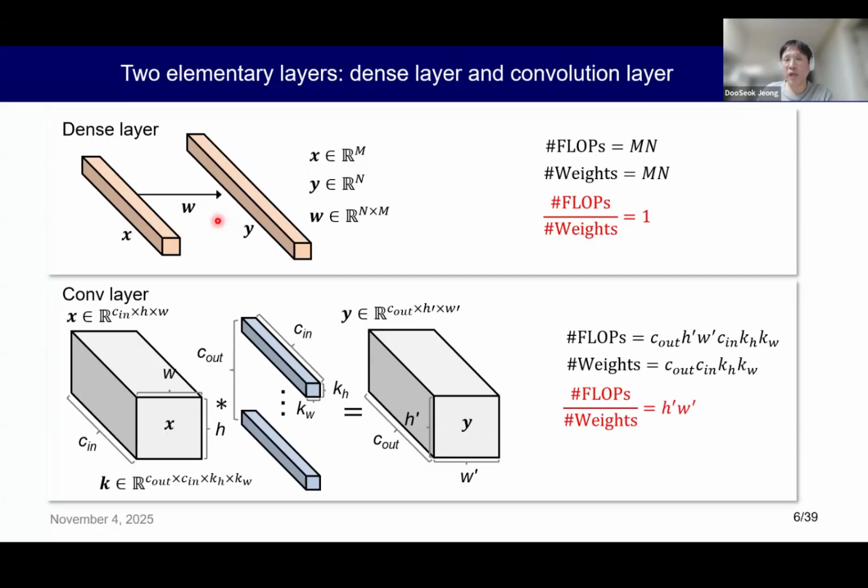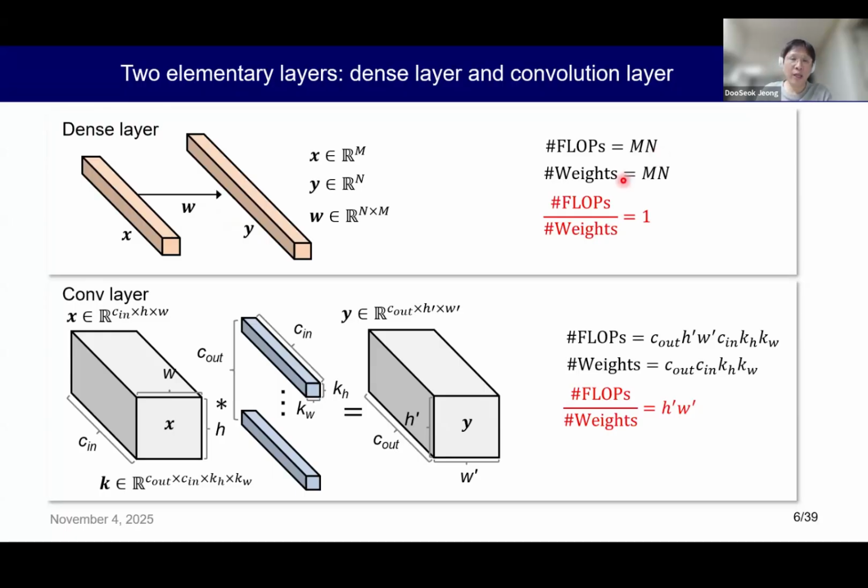So you can define the weight matrix, which is N by M, right? And for this dense layer operation, think about the number of floating point operations, which is basically the MAC operations, which is M by N, in fact, right? Which I just explained on the previous page, right?